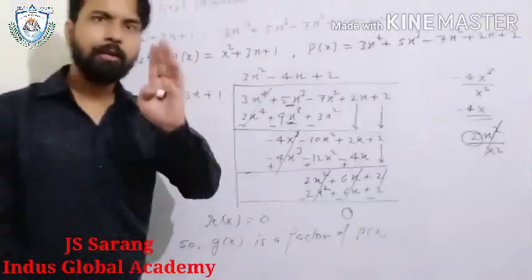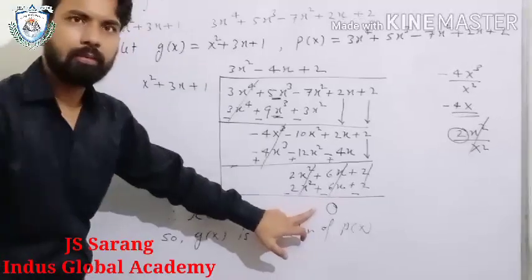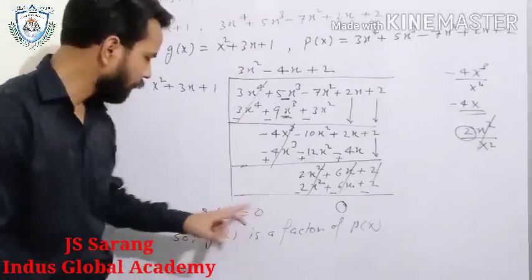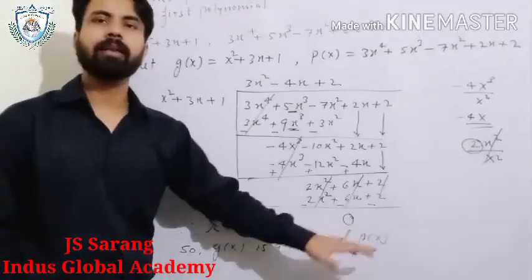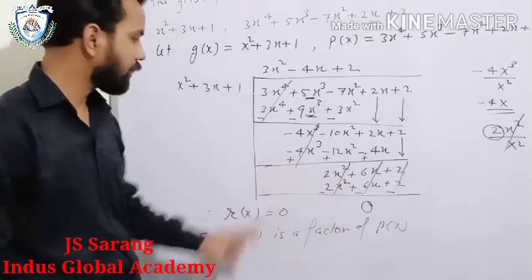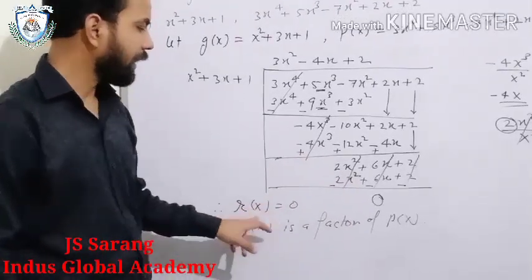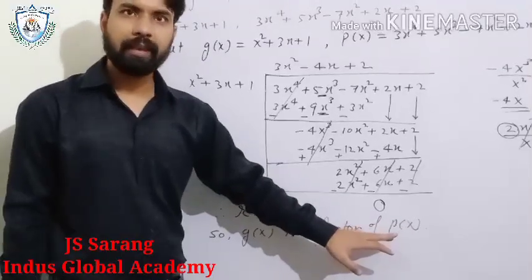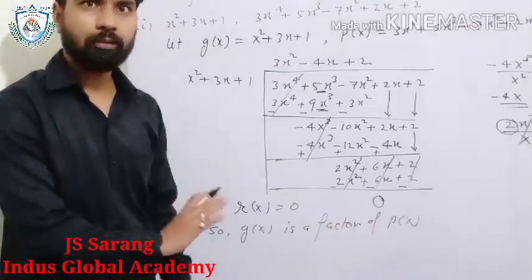Understood? If the remainder is not 0, then we will write here remainder is not equal to 0, so g(x) is not a factor of p(x). But in this case the remainder is 0, so we can write here remainder of x is 0, so g(x) is a factor of p(x). Are you getting this? Hope it is clear to everyone.